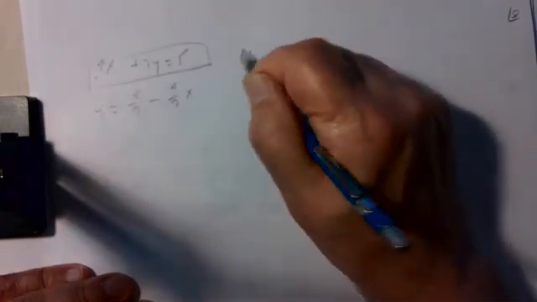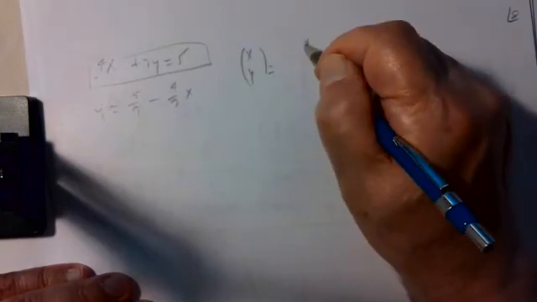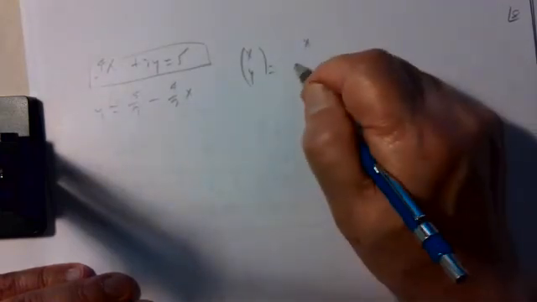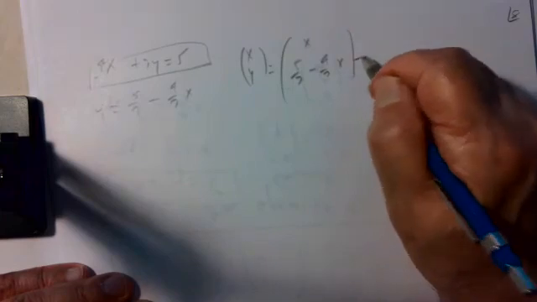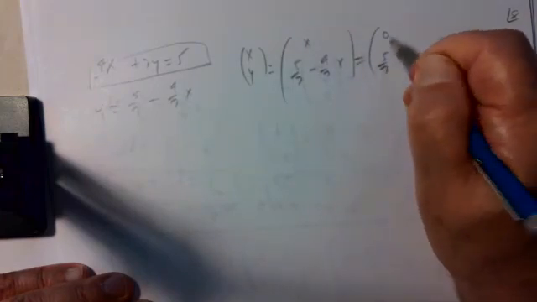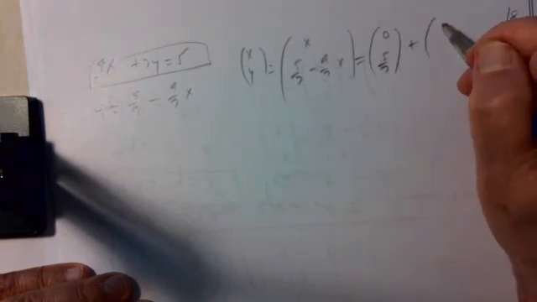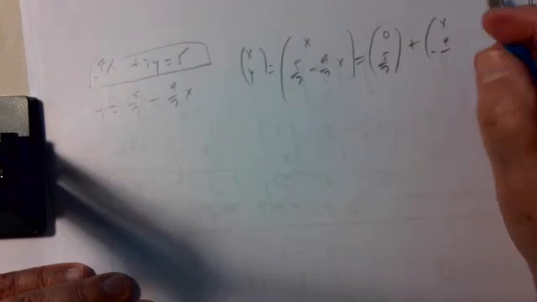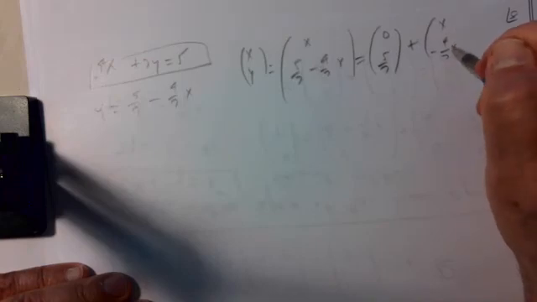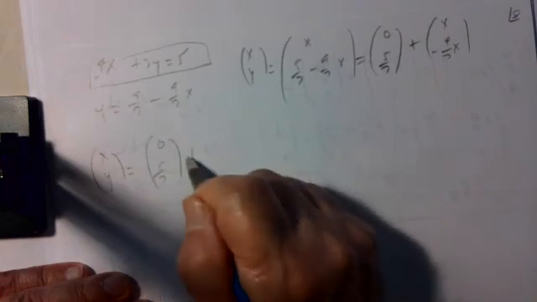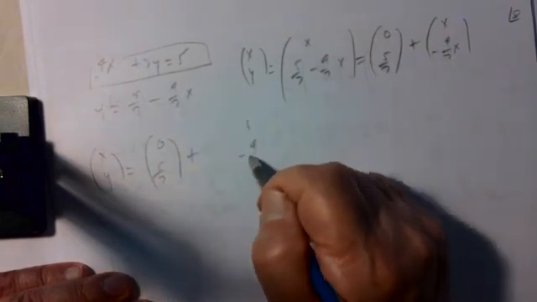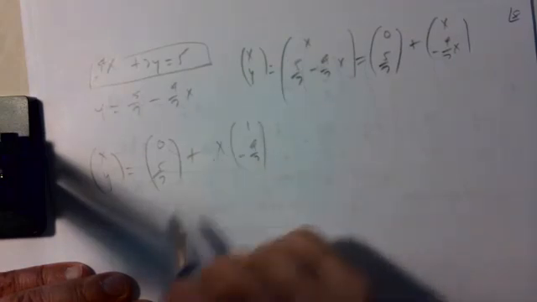So my general solution is the vector x, y, where x is x and y is 5 over 7 minus 4 over 7 times x, which I could write as the vector 0, 5/7 plus the vector x, minus 4 over 7 x. I can write this second vector as the vector 1, minus 4 over 7 times x.